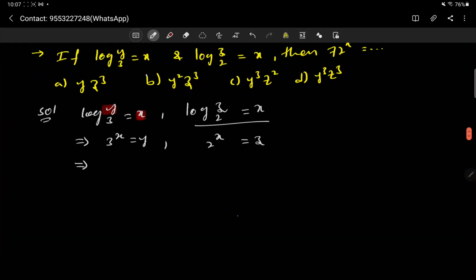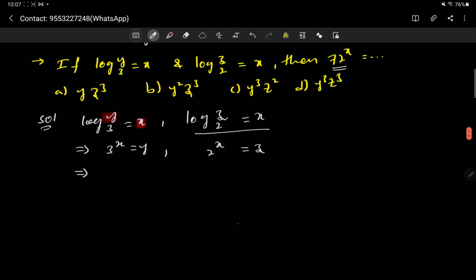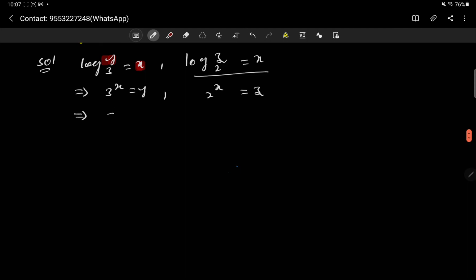Anyway, we need to get the value of 72 power x. 72 power x can be written as 8 into 9 whole power x. So 8 can be taken as 2 cube, and 9 can be taken as 3 square, whole power x.